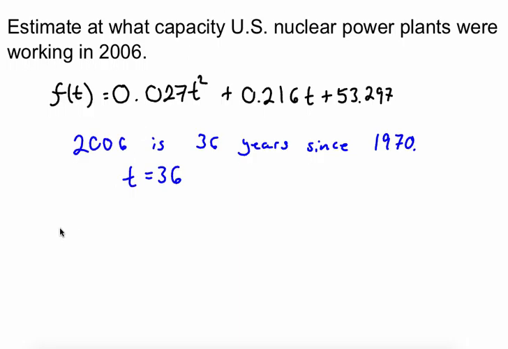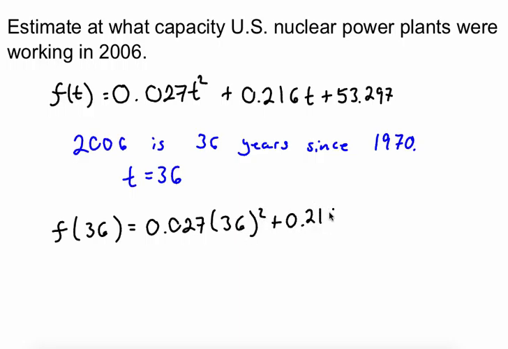So I'm going to insert the value 36: 0.027 times parentheses 36 quantity squared, plus 0.216 times 36, plus 53.297.